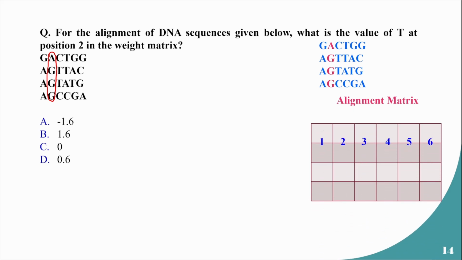So firstly, you have to construct an alignment matrix. What an alignment matrix does is that, for example, on the left-hand side, we have all of the individual components, and on the upper side, we have the positions. So these will be the positions, and these are the bases, or you can say individual components, right?